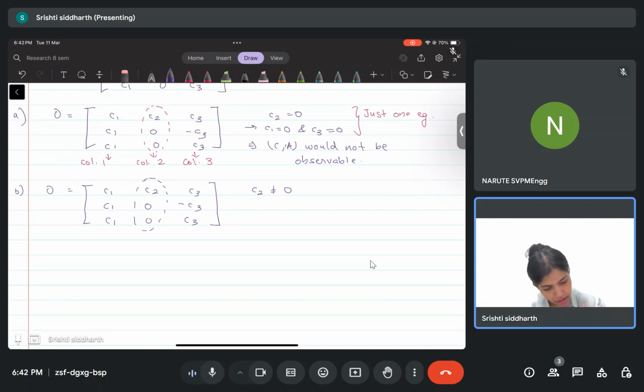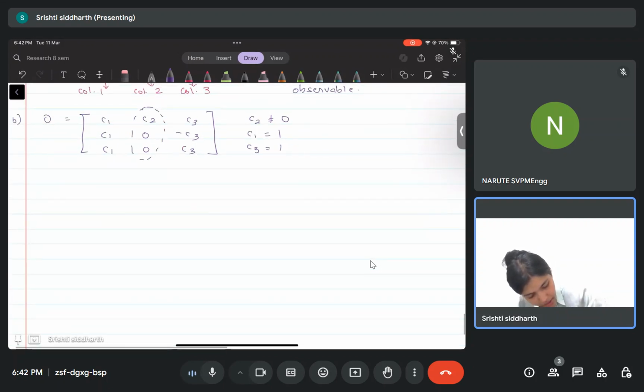Then we can have, let's say, C1 equals 1 and C3 equals maybe 1. So let's find out if the observability matrix is full rank or not.